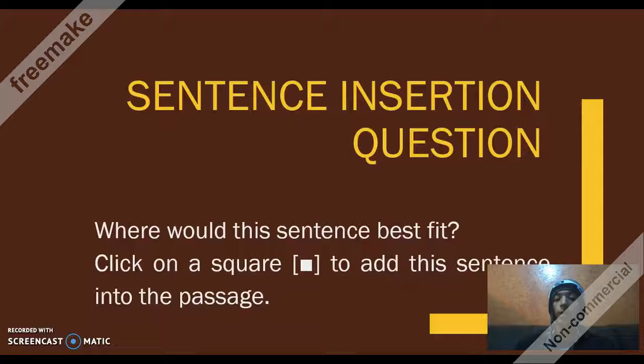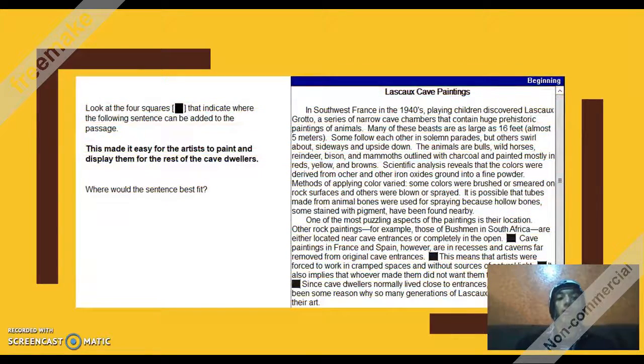Click on a square to add this sentence in the passage. Those are the squares, the empty slots where you are going to insert the sentence given. For example, look at the 4 squares that indicate where the following sentence can be added to the passage.